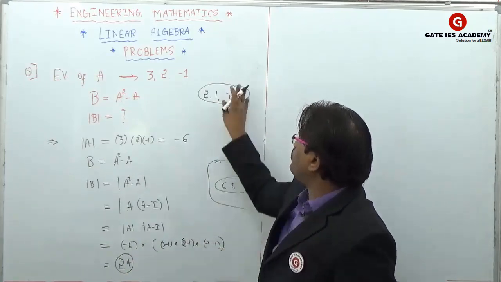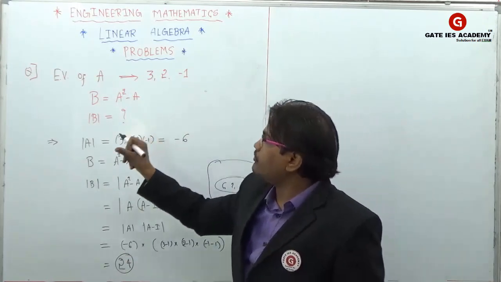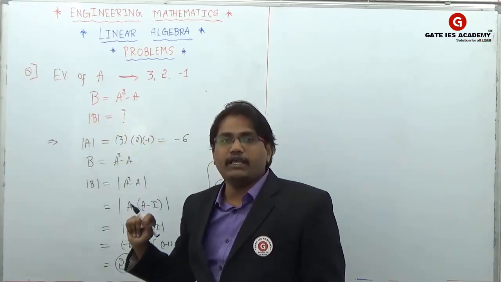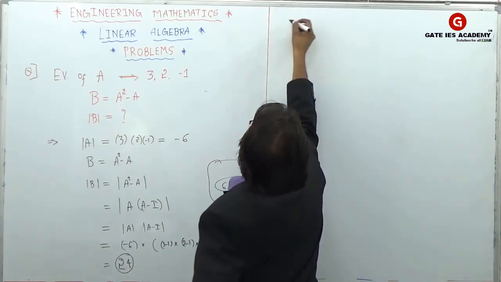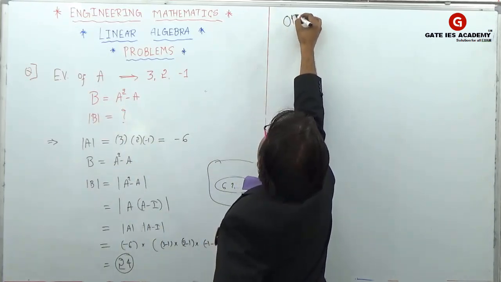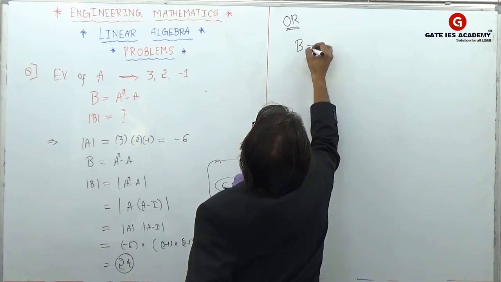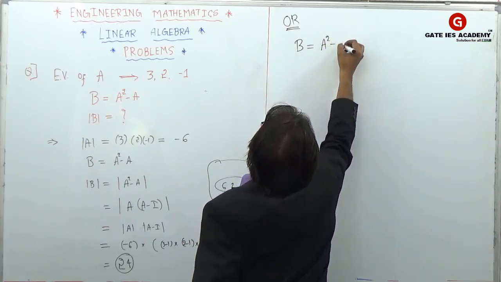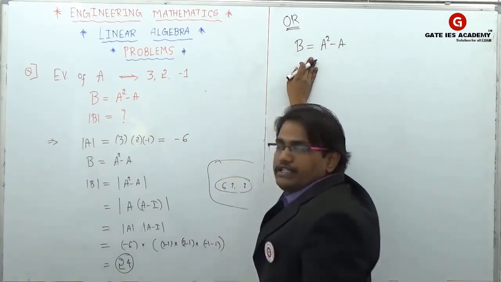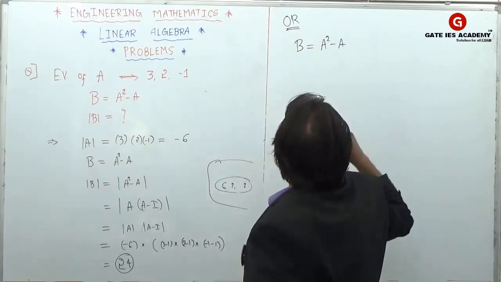Otherwise, you can also find it using B equal to A square minus A. Now, what are the eigenvalues of B?